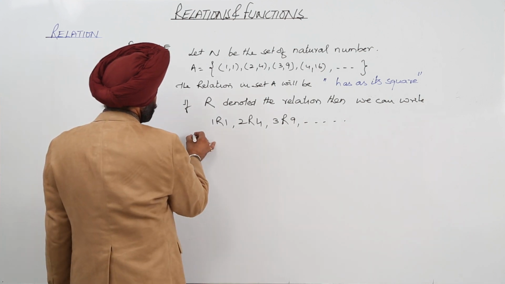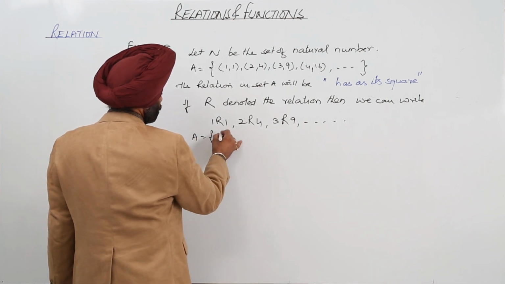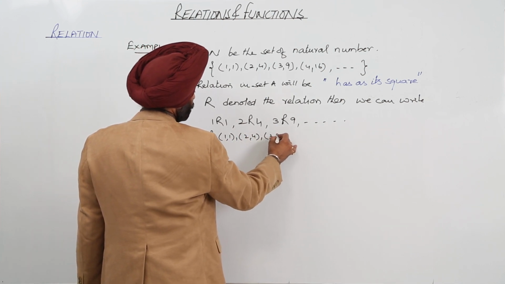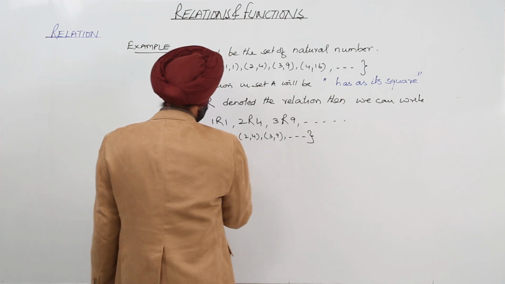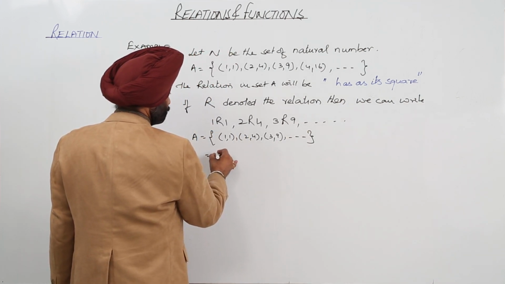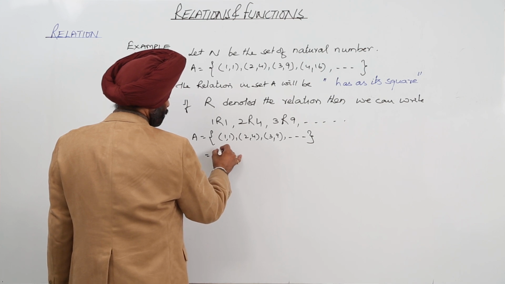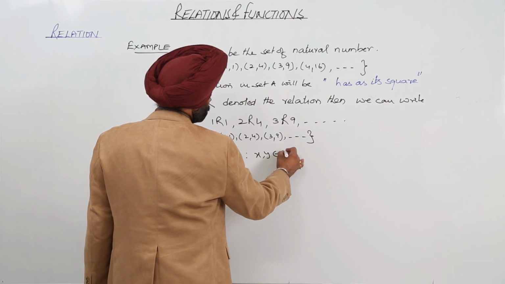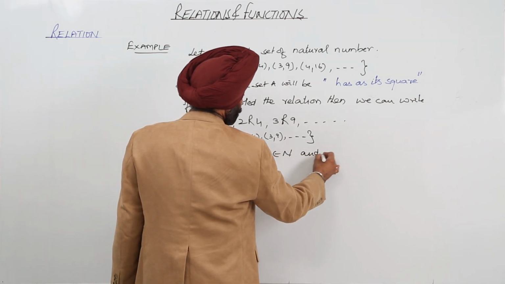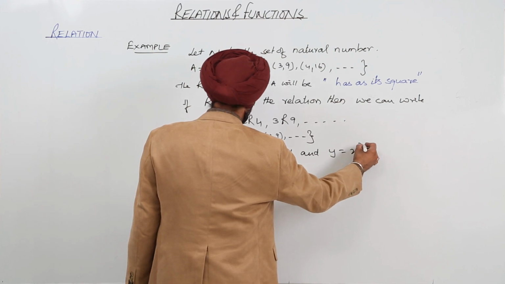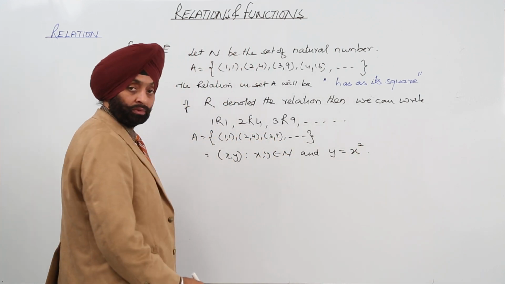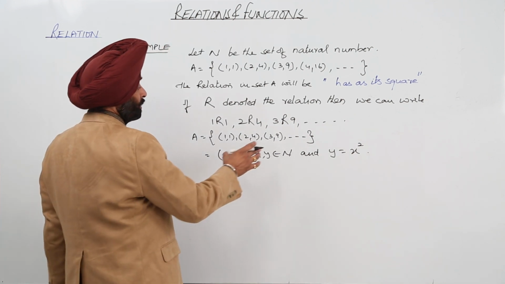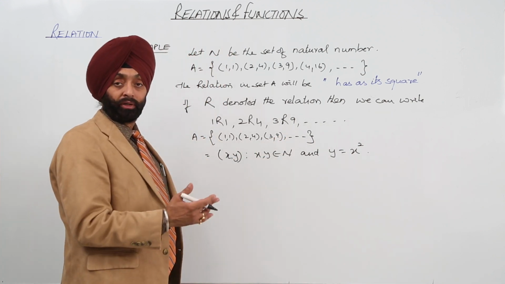Once again, set A is (1, 1), (2, 4), (3, 9) and so on. This we can also write as {(x, y) such that x and y both belong to natural numbers and y = x²}. So we have written it in roster form and set builder form.